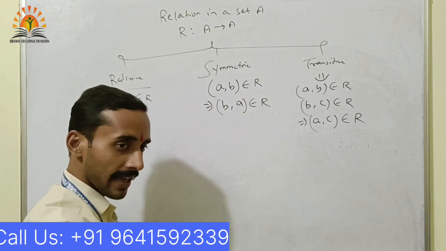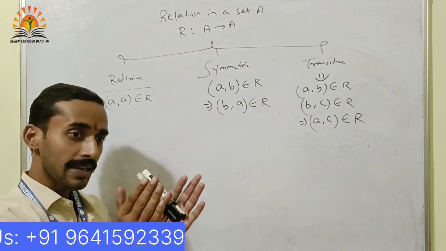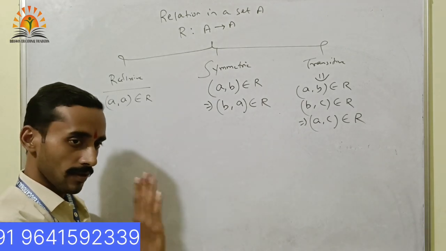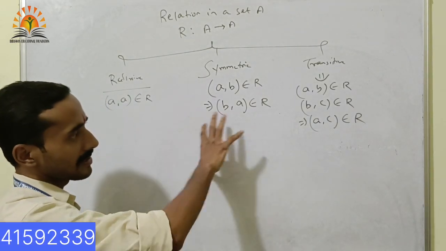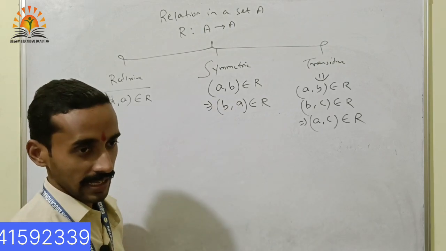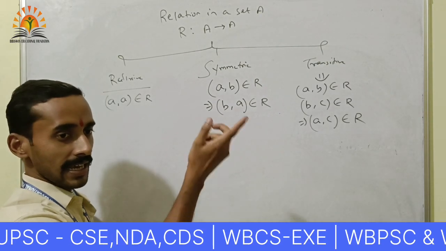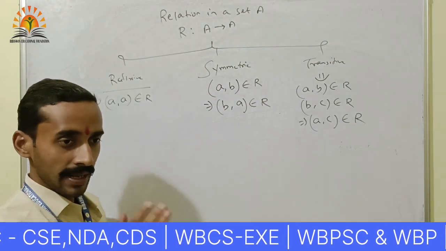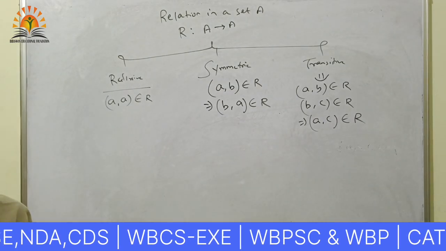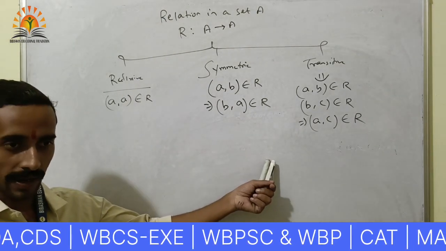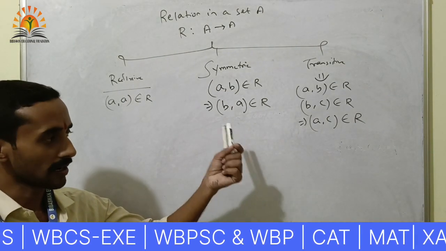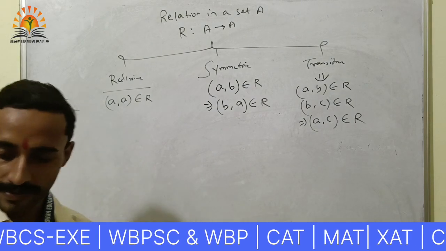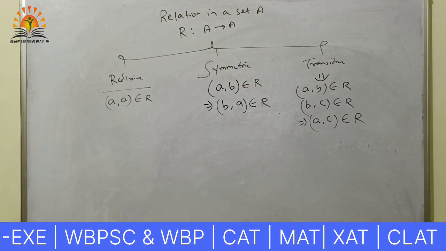You have to identify it by proof, but it is an MCQ question. So we have to understand how to prove that it is symmetric, reflexive, or transitive. First we complete the whole scenario, and after that we will prove one or two questions so that you get a clear idea.